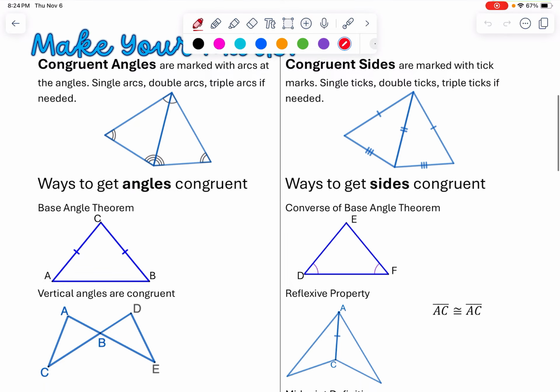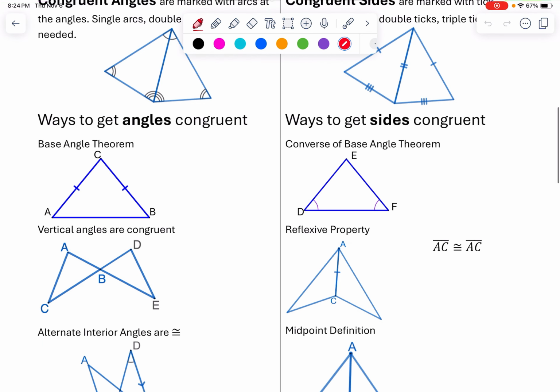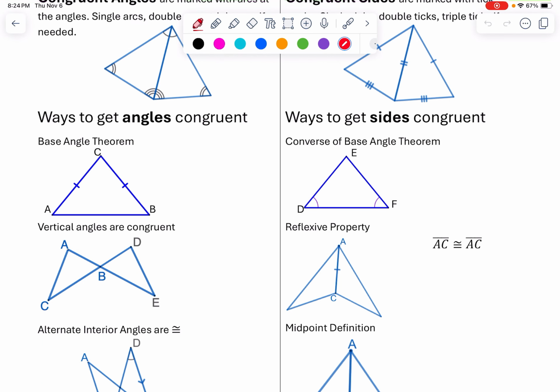There are several ways that you can get angles congruent to one another. We know that if we have an isosceles triangle, meaning two legs are congruent on that triangle, then when the sides are congruent, the legs are congruent, that makes the base angles congruent.